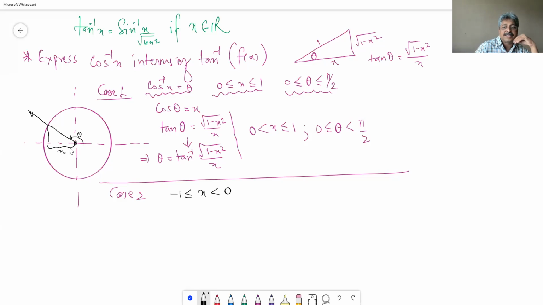If x is here and we want this theta, then where will tan of radical 1 minus x square upon x go? Now if this is 1, then this side is radical 1 minus x square. Is that correct?